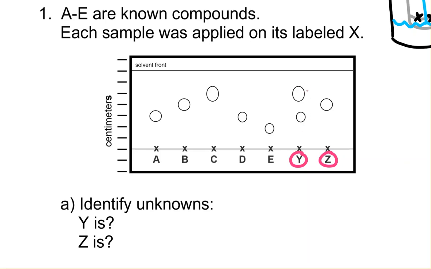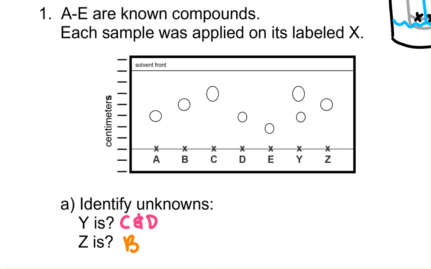That means it has 2 substances in it. And then I look to see how it lines up to decide what's in it. It looks like this one has C and D. And then on Z, my unknown Z looks like it has just B.